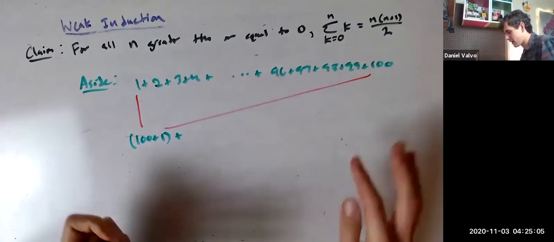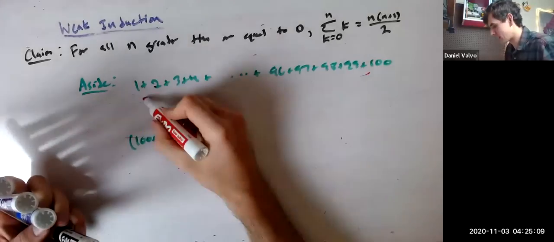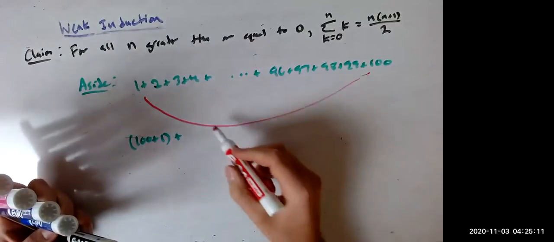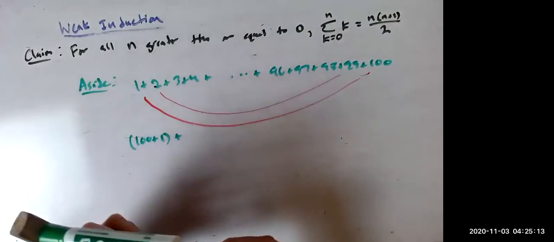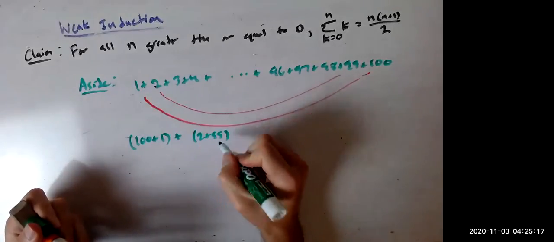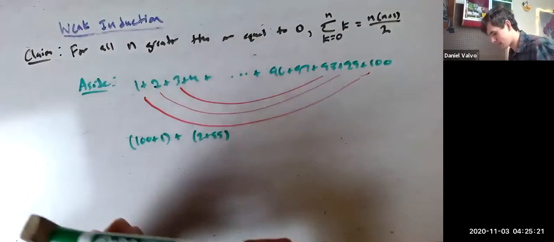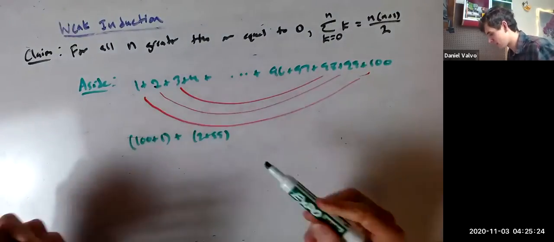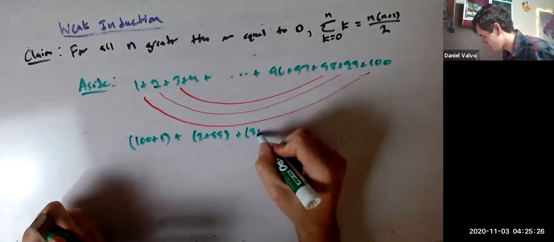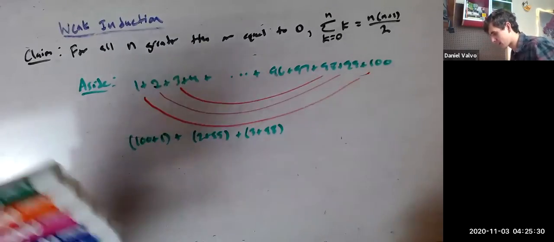Then he said, oh, wait a minute. I'll draw it like this instead. Let me also group 2 and 99 together. And he also said, wait a minute, let me group 3 and 98 together. And then we also group 4 and 97 together.